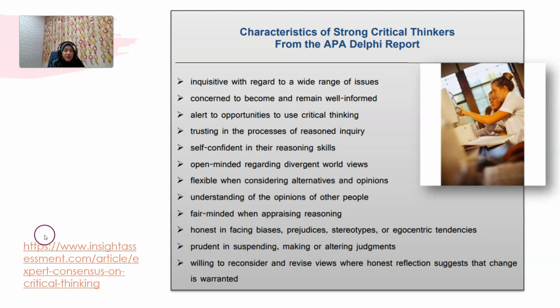You can click this link to view the full paper. Basically these are characteristics from the APA Delphi report, from their research, using expert analysis and expert review. So these are the characteristics for you to become a critical thinker.